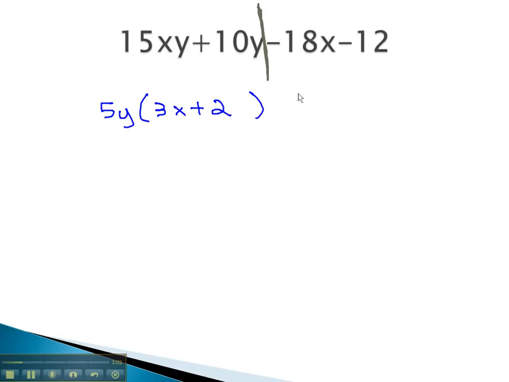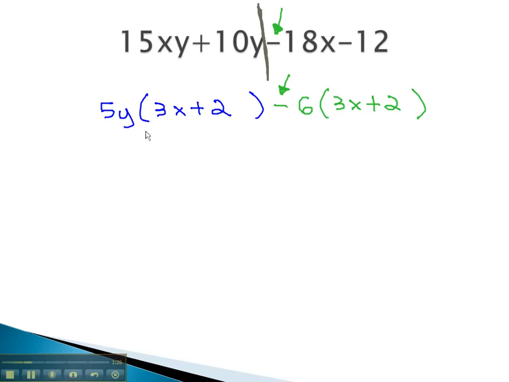On the right side, we see there's a common factor of negative 6. Notice we said the common factor was negative if the first term had a negative sign. Keep the sign with the first term. Factoring out negative 6 will leave us with 3x plus 2.